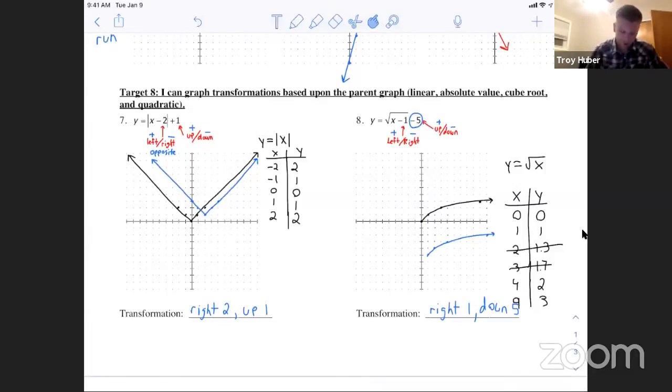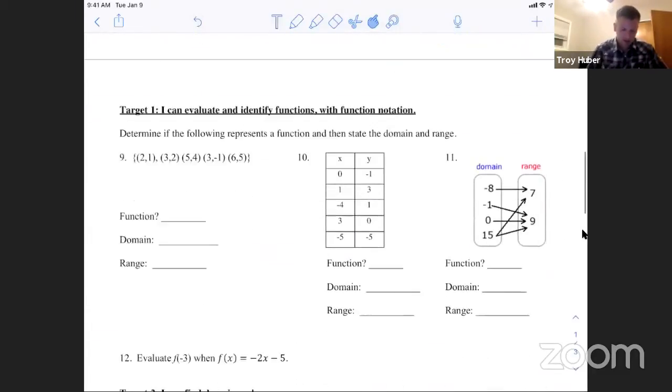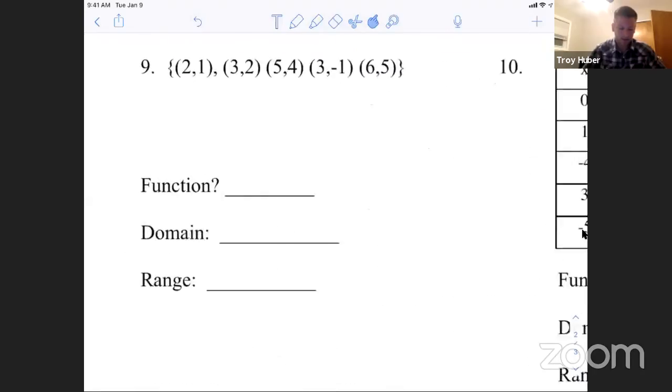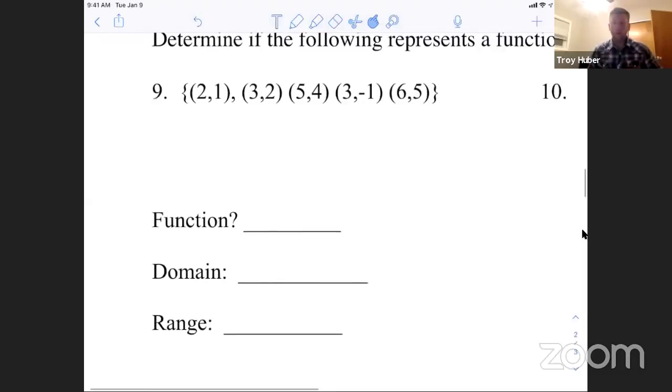All right, moving right along. Target 1. I can evaluate and identify functions with function notation. So for a function, you are going to have one input that gives you an output.